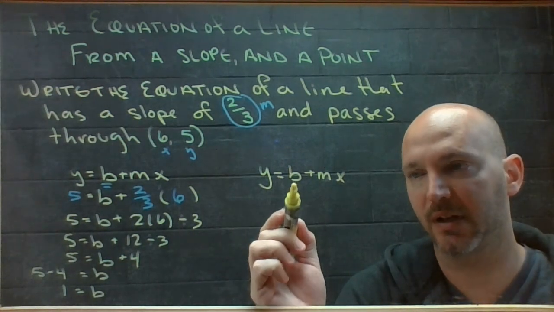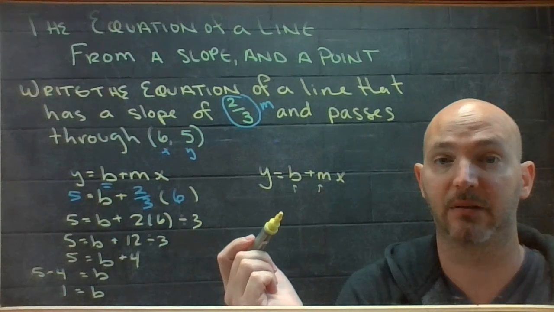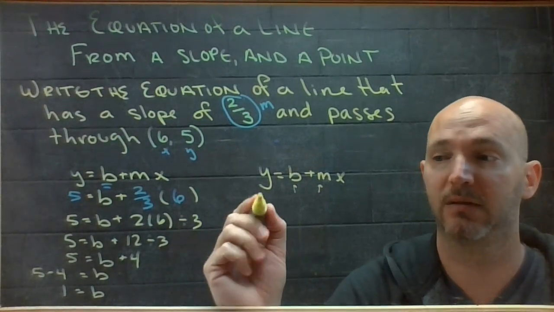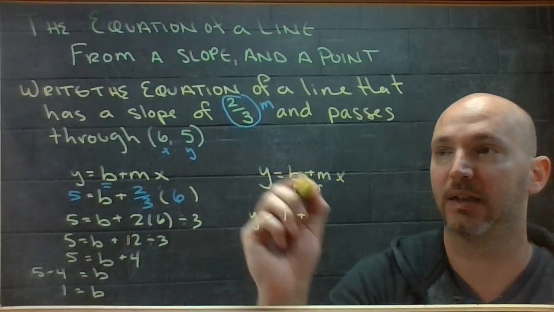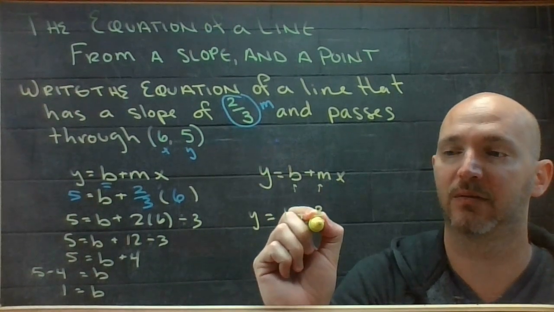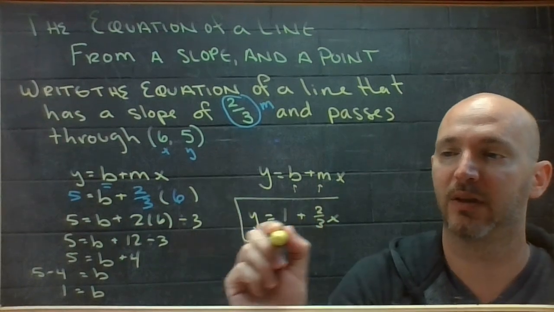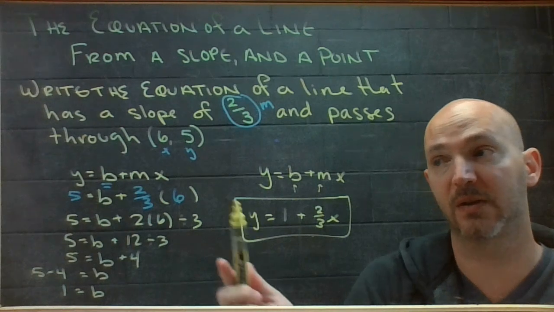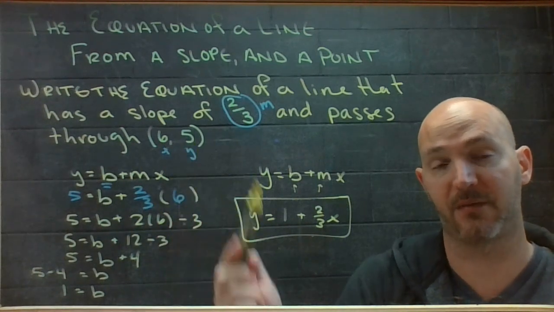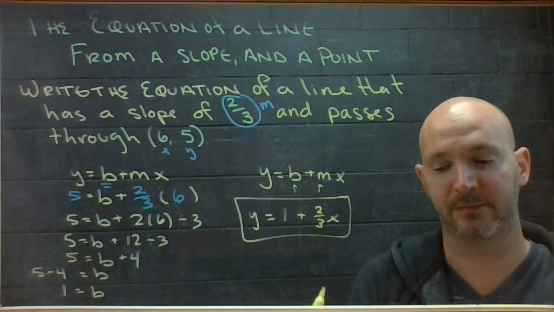It's this number and this number that have to be filled in. Well, I have them now. b is 1, and m is 2/3. So there you go. That's the equation of a line that has a slope of 2/3 and passes through 6, 5 on the Cartesian plane.